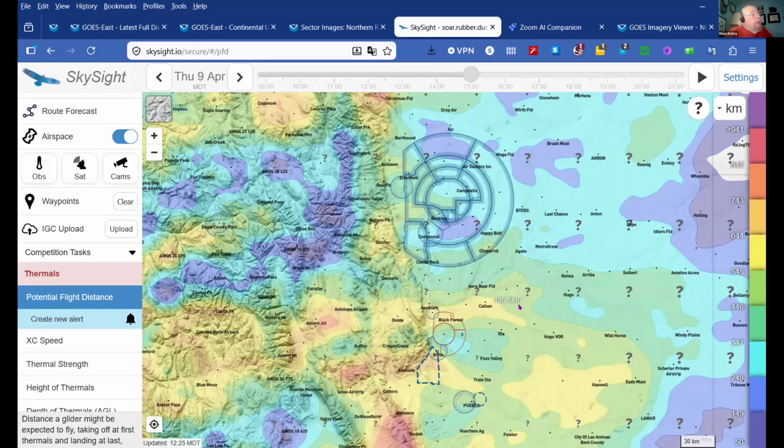The whole thing about this is the distance that you could expect to fly if you took off at first thermal and landed at the last thermal using McCready theory for the strong conditions and much slower in the weak conditions. And then this is adjusted by that pilot factor number, the glider slash pilot factor number.